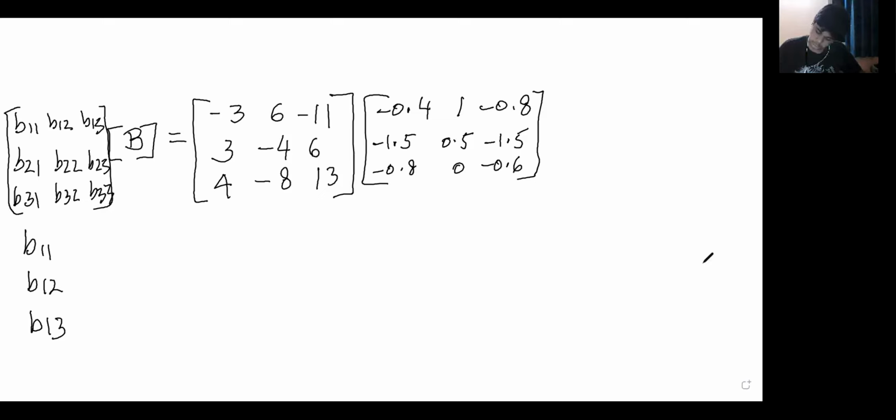No, what are you doing? See, we are writing it now, minus 1.5, sir. B21, second row, first column. B21 will be what? 3 into minus 0.4 first, then minus 4 into minus 1.5.